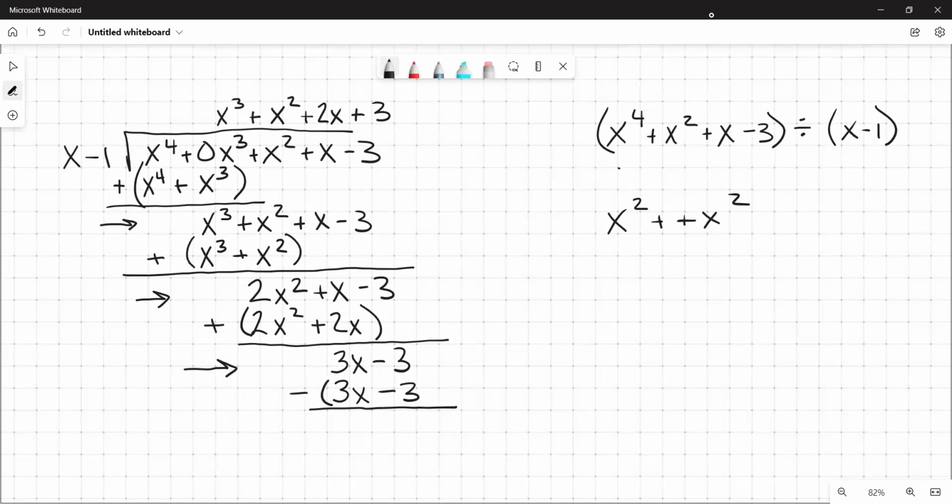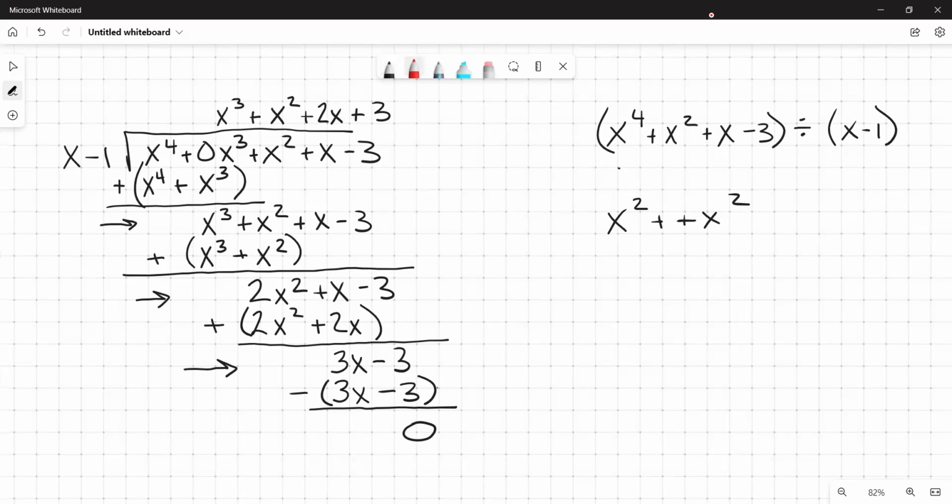So we're subtracting something from itself, so our remainder is 0. So here's your quotient.